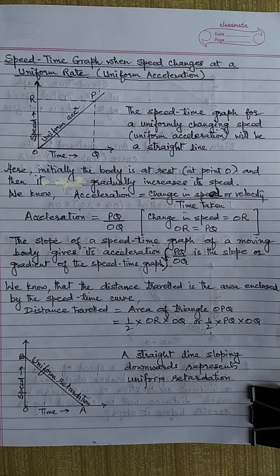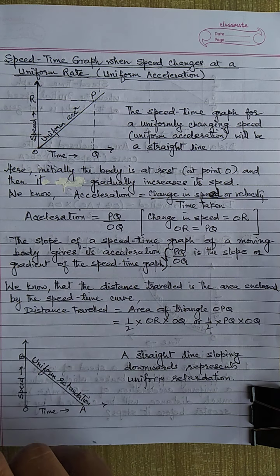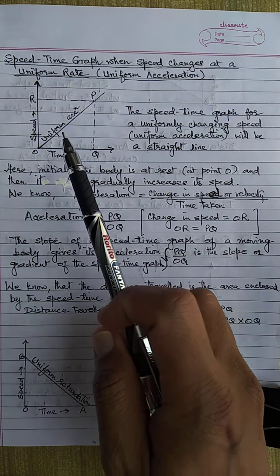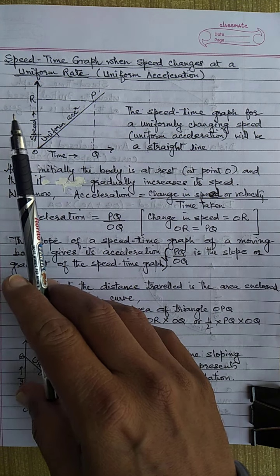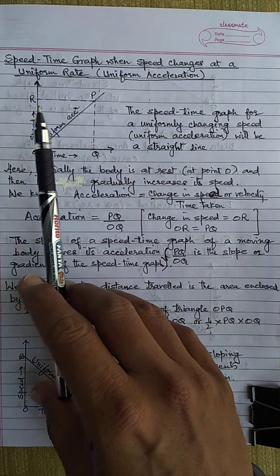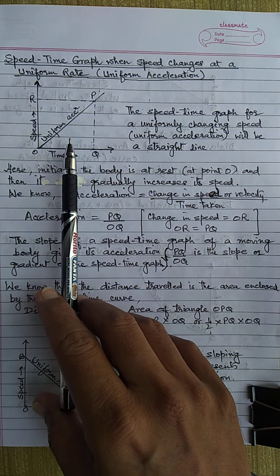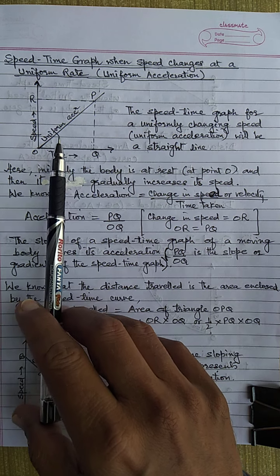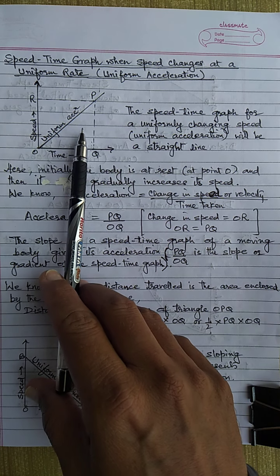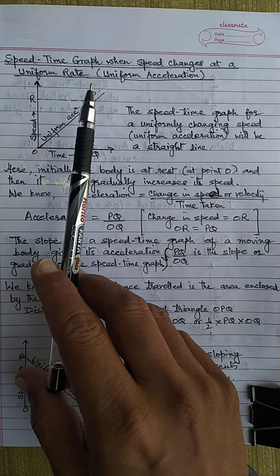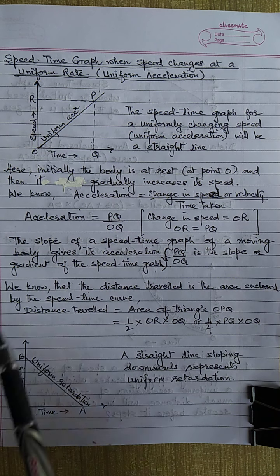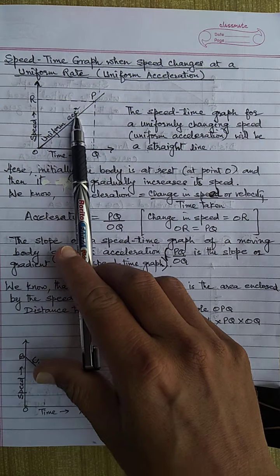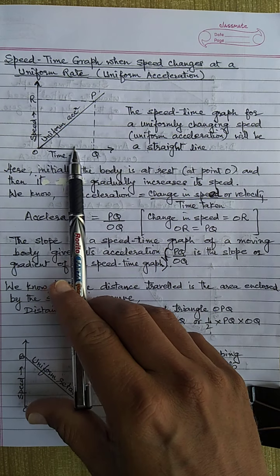Next is distance. We can also find the distance from the speed time graph. Earlier we studied a rectangle, here it is a triangle. What is the distance traveled? The distance traveled is the area under the curve. Here it is not a rectangle, it is a triangle.